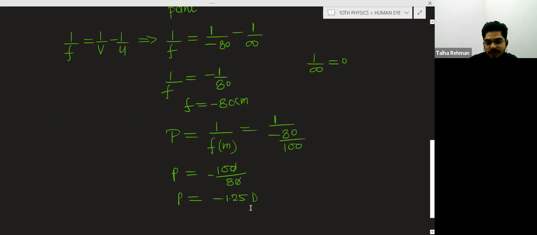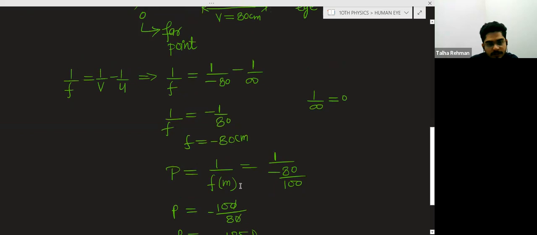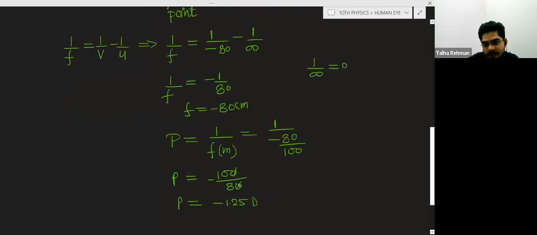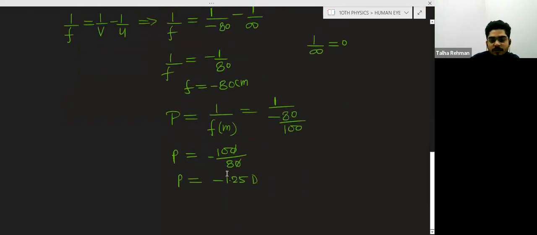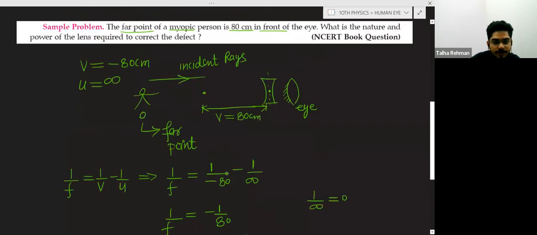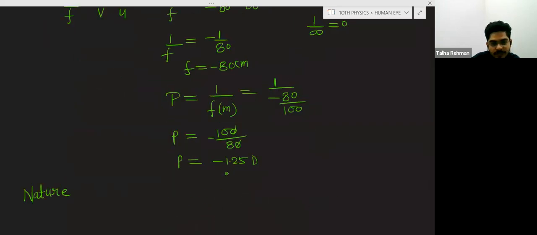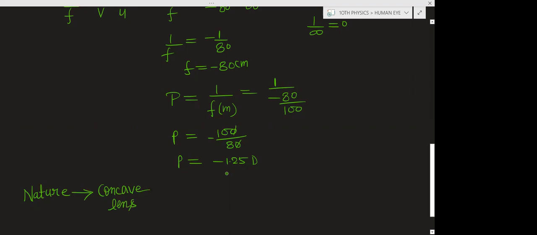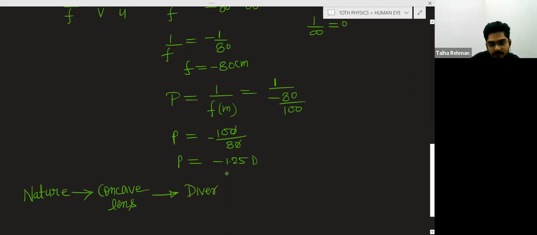So power is negative. Now they are asking what is the nature of the lens. For the correction of myopia, which lens do we use? Concave lens. Concave lens has a diverging nature, meaning the concave lens diverges the rays.